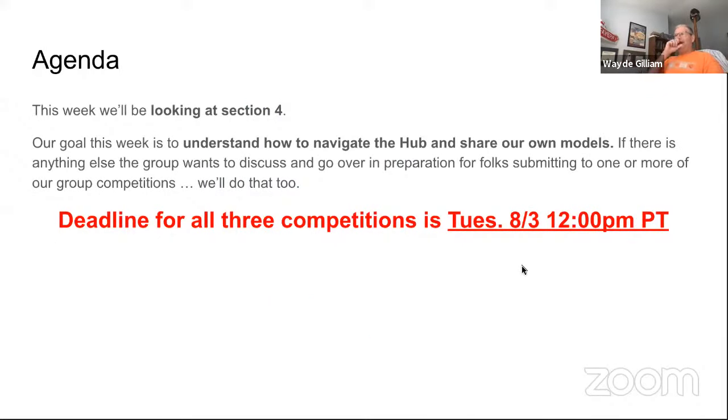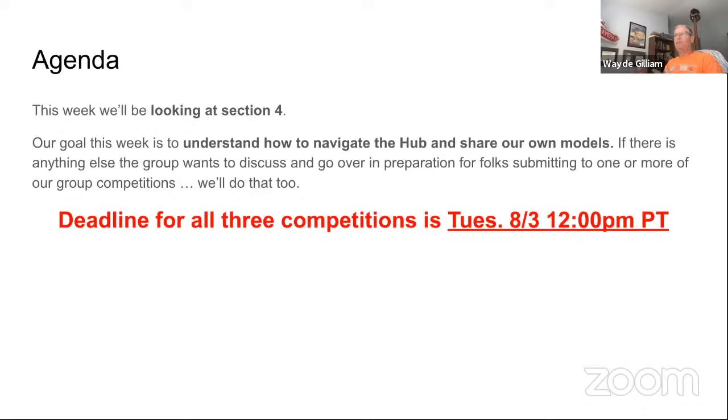Okay, so agenda, we'll be looking at section 4. And this is probably kind of one of the easier ones to go through. And we'll probably go through this much quicker than last week, where we did the demos of the 3 fastai libraries. But essentially what we're looking at in section 4 is how to use Hugging Face, their model hub, how to find data sets to train models on, and then also how to find good pre-trained models to start with.